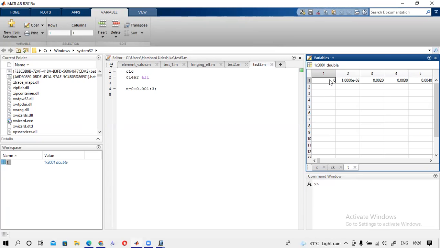Here I take some t values. Can anyone tell, is this t continuous or discrete value? Are these continuous values or discrete values? Can anyone tell quickly?